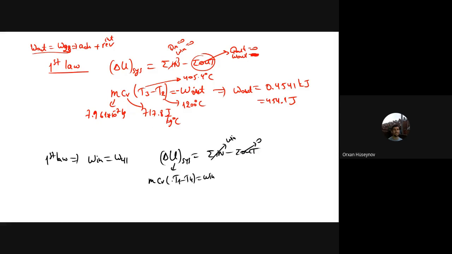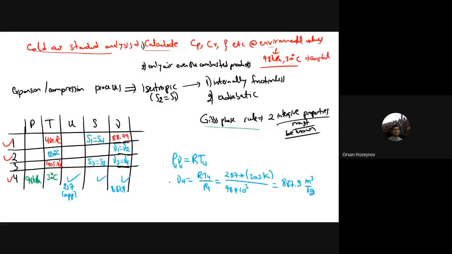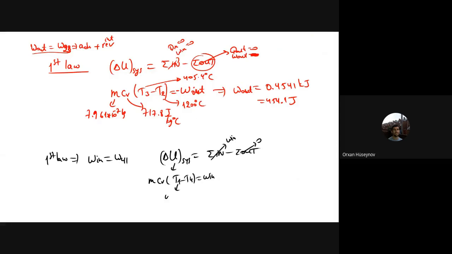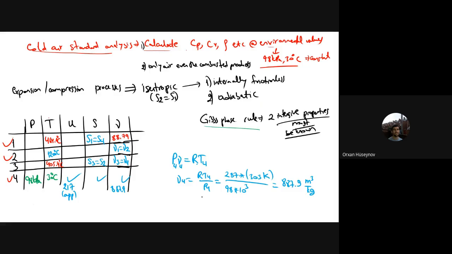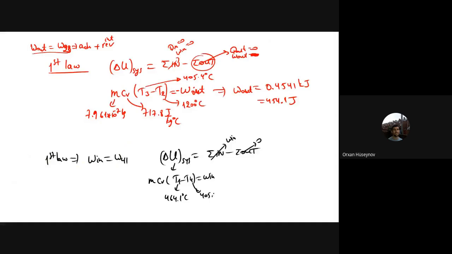M is the same, Cv is the same, and the temperature at 1 is 464.1 degrees Celsius, and T4 is 405.4 degrees Celsius. And from here, you can find the work in value.